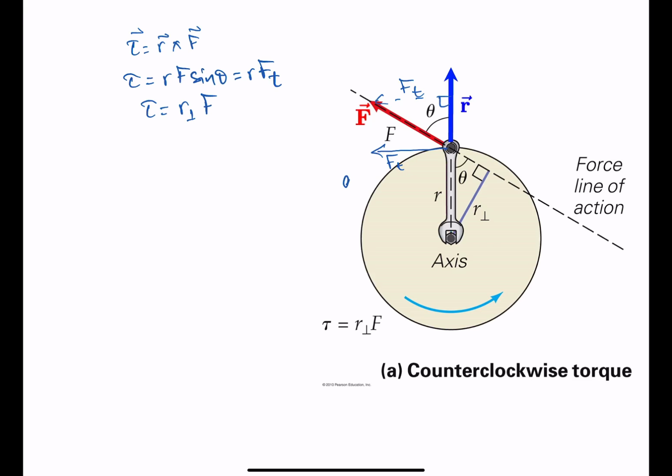The theta is the angle between the force and r, so you can take either the perpendicular component of r or the tangential component of force. I'm repeating the same thing I did in the previous slide.